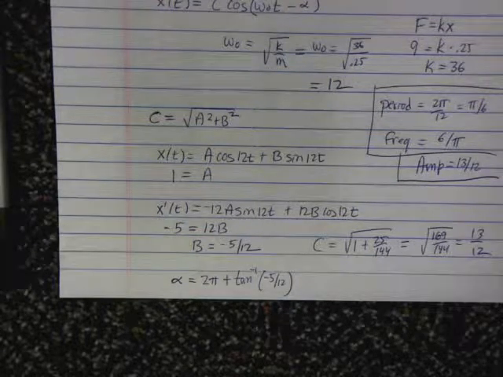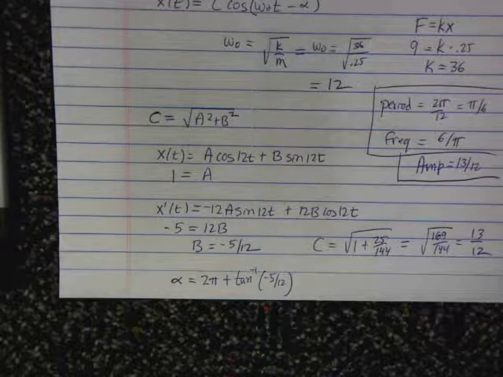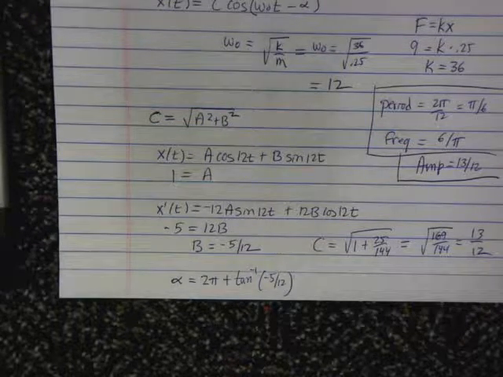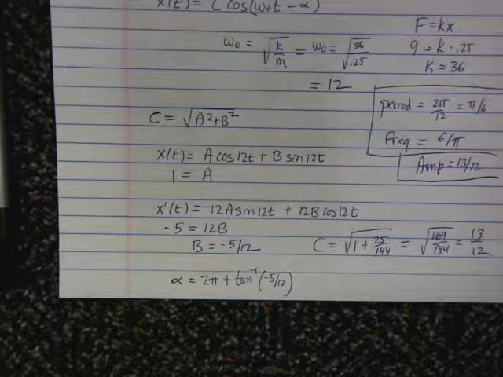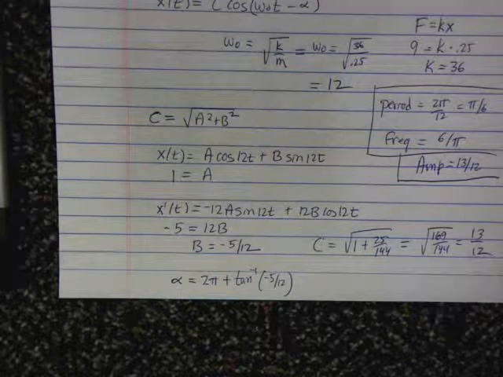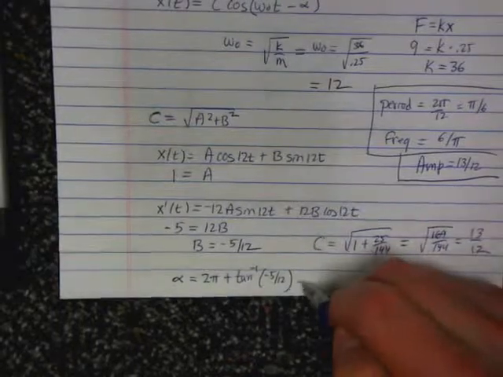I think it would be reasonable to get a decimal approximation for that. I'm in radian mode, that's good. 2 pi plus the arctangent of negative 5 over 12. Alpha is about 5.89.